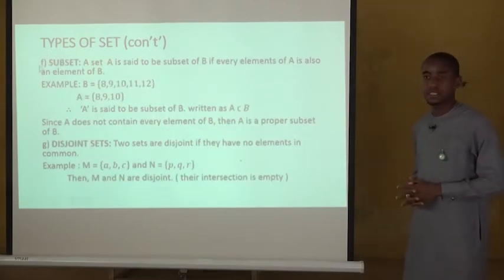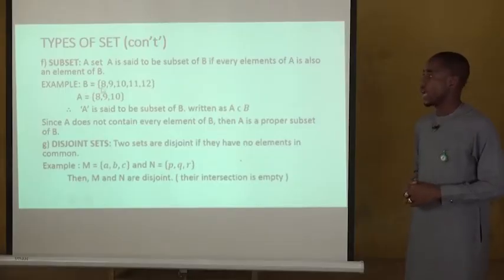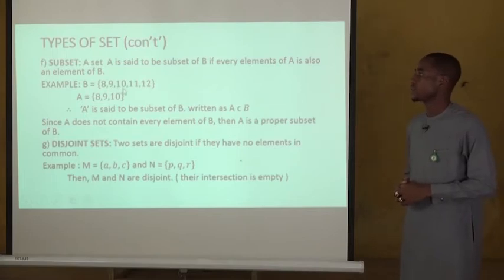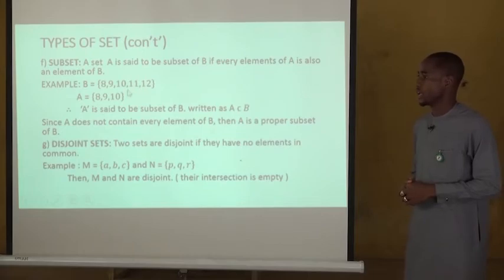Next is a subset. A set A is said to be a subset of B if every element of A is also an element of B. Example, let set B be a set with the following elements: 8, 9, 10, 11, and 12. And set A has the elements 8, 9, and 10.